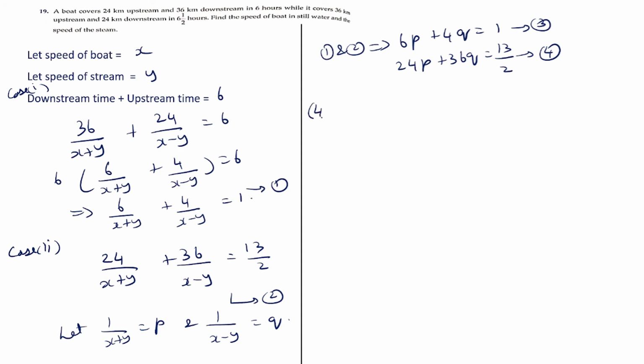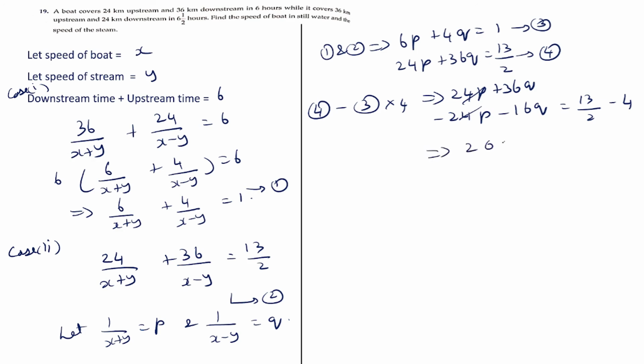So equation 4 minus equation 3 into 4, we get 24p plus 36q minus 24p minus 16q equal to 13 by 2 minus 4.